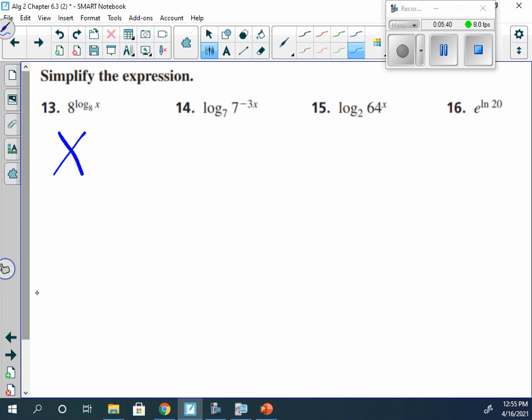Number 14, log base 7 of 7 to the negative 3x. It'd be negative 3x, because log base 7 of 7 would simplify out completely, leaving us with just negative 3x.